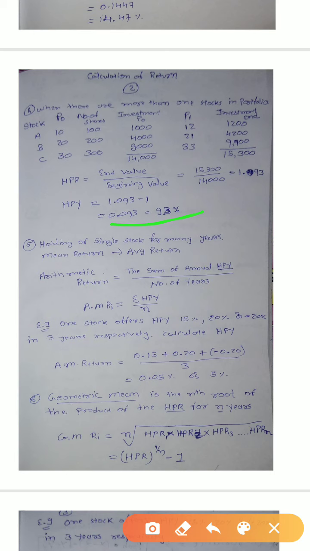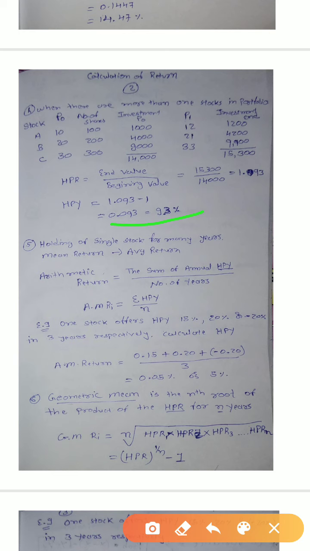Now the same example we can calculate for a number of years. Suppose you purchase the share, and the value increases as given, from 14,000 to 15,300 in 5 years. Simply what you need to do is 15,300 divided by 14,000 raised to 1 by 3 or 1 by 5, whatever the holding period may be, minus 1.